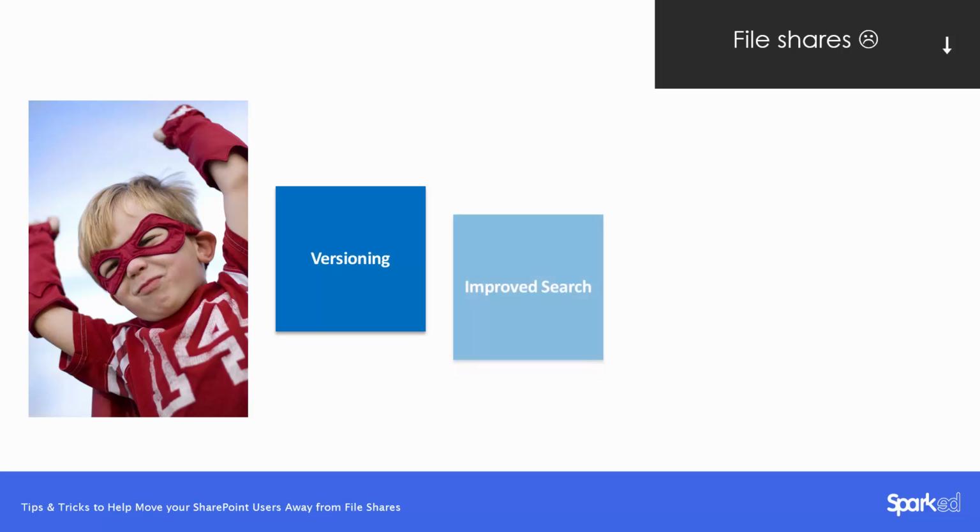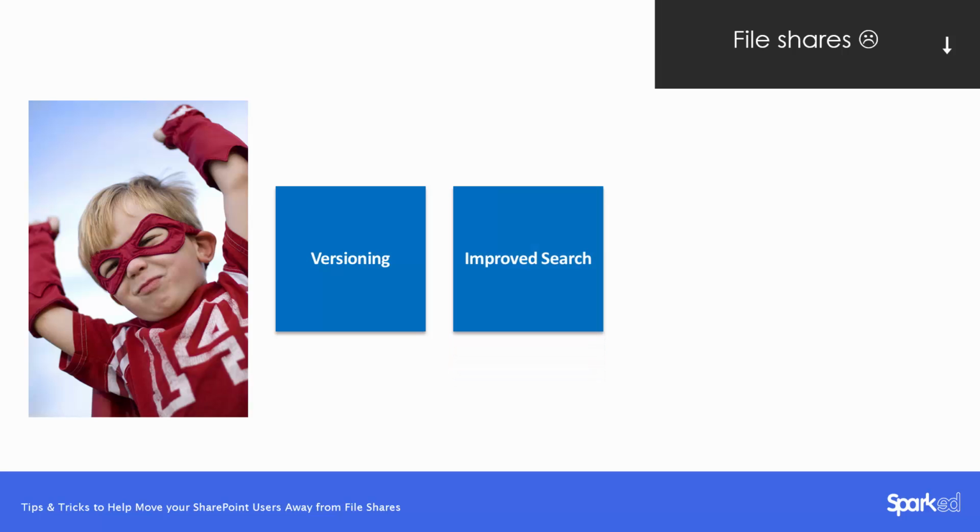And the second one, the search is so much better. Just think about searching within Windows Explorer. It's just okay, right? And it's not very user friendly. But within SharePoint, it's so much easier and so much more user friendly. You have the search previews, for example.